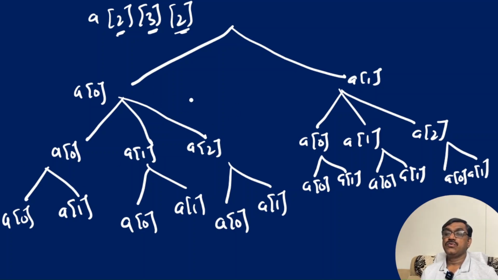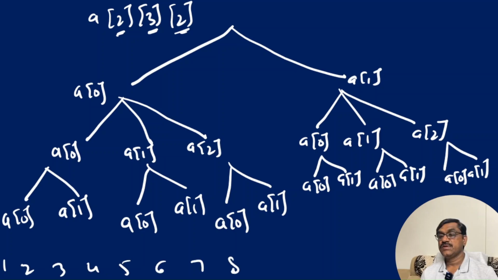Now, how to refer to the first location? First location 1. First location 1, how much? So we have stored the values, right? 1, 2, 3, 4, 5, 6, 7, 8, 9, 10, 11, 12. How to refer these locations? 1 means A of 0, first come from top.